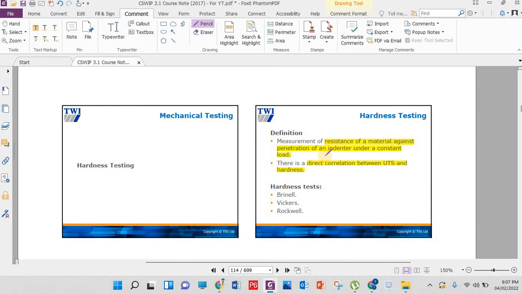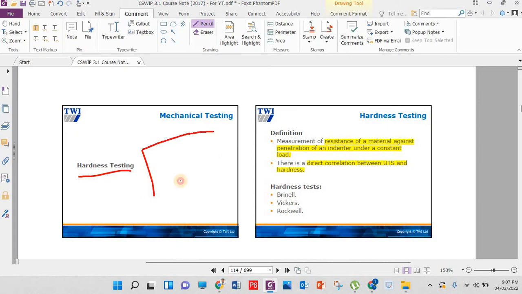Other materials have more penetration, more indentation. If it has more indentation, it means it has less hardness.